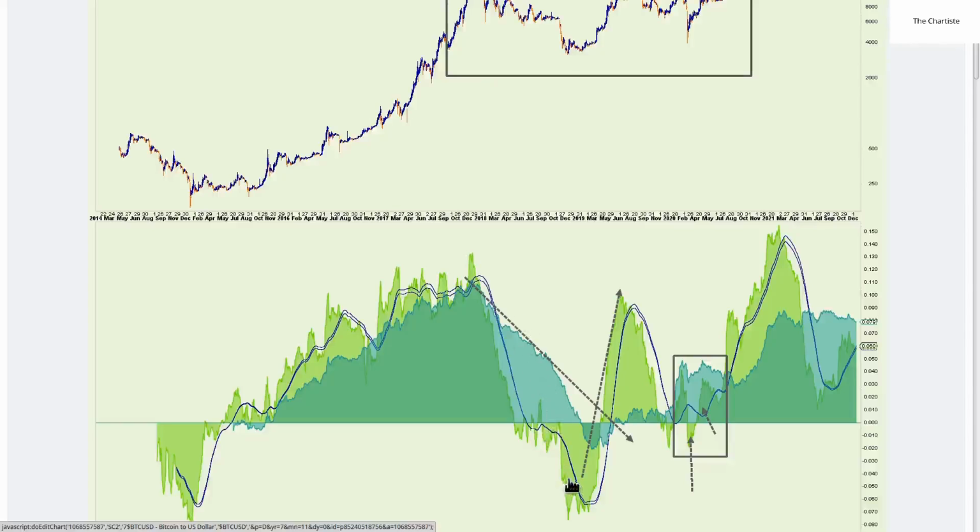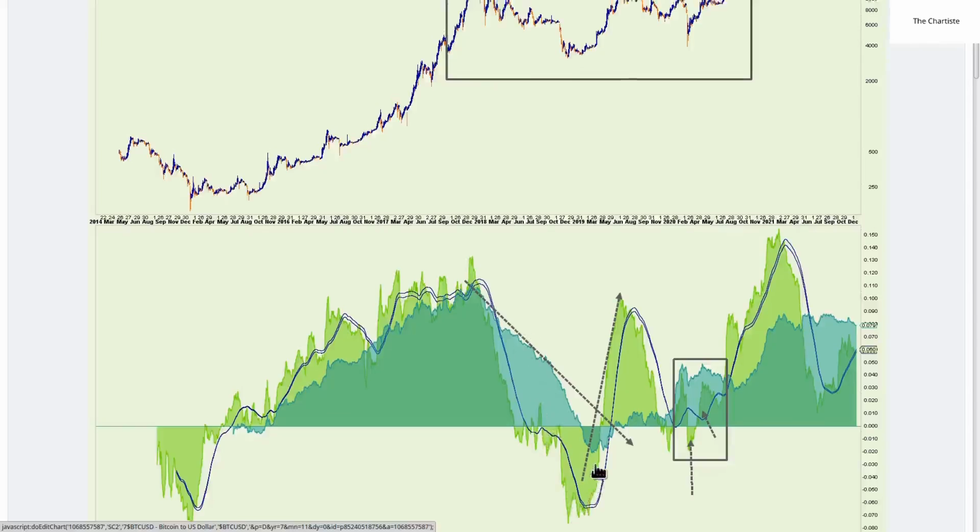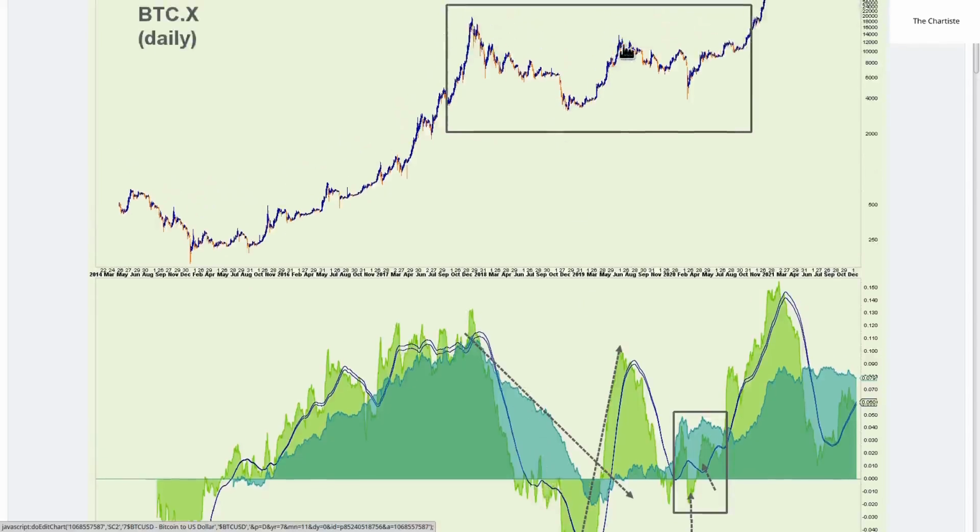Then that happened way too fast, and it's coming back. And you have counter reaction to the trend. Eventually, it's collapsing again, and eventually collapsing again, but it's staying in the range.